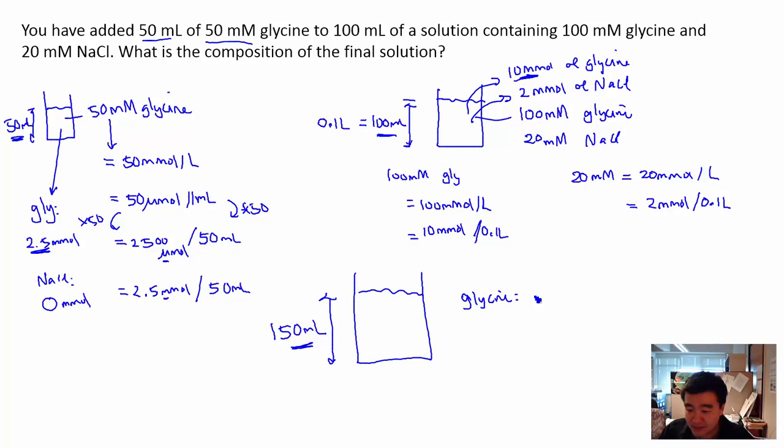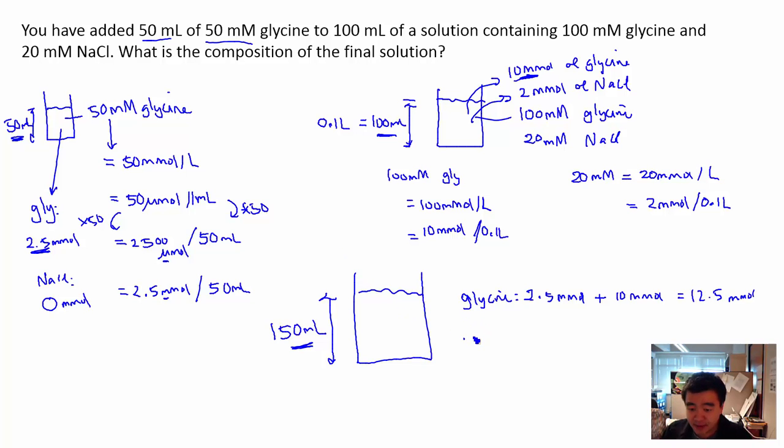So the total amount, not concentration, the total number of millimoles of glycine is 2.5 plus 10. This equals 12.5 millimoles of glycine in total floating around in this 150 mils of solution inside this beaker.